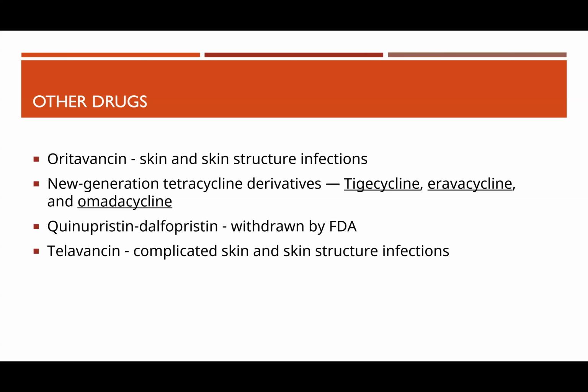It may, however, prove to be useful in patients with VRE who seem to be intolerant to other agents, or when VRE are present with other pathogens in, like, a polymicrobial intra-abdominal infection, for example. So in addition, tigecycline can also be useful if you're treating infections of the biliary system.